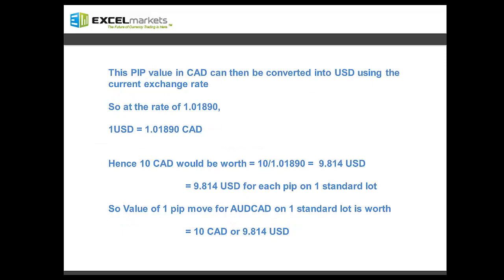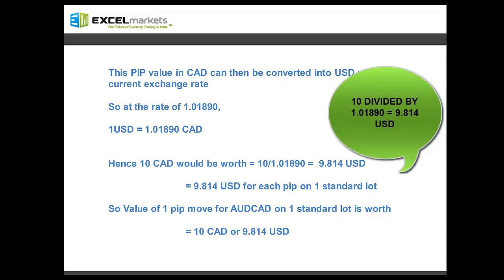Assuming a rate of 1.01890, 1 US dollar is equal to 1.01890 Canadian dollars, since US dollar is the base currency and Canadian is the quote currency. Hence, 10 Canadian dollars would be worth 10 divided by 1.01890, which is 9.814 US dollars.